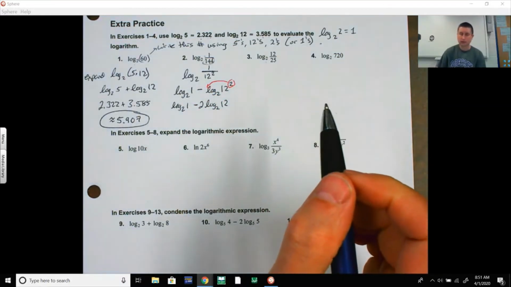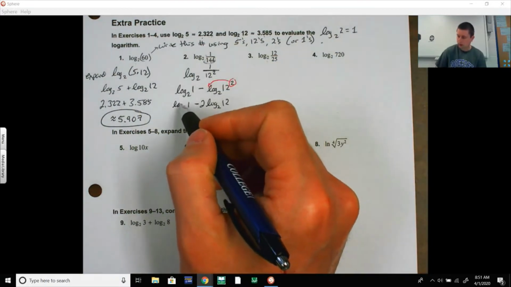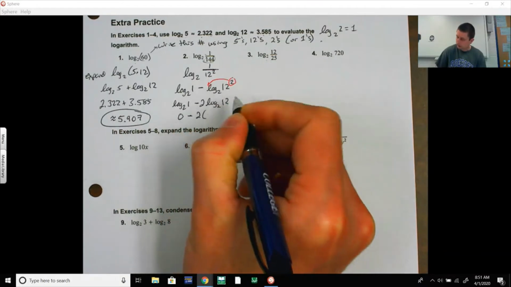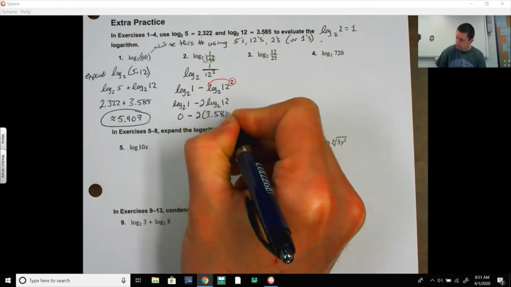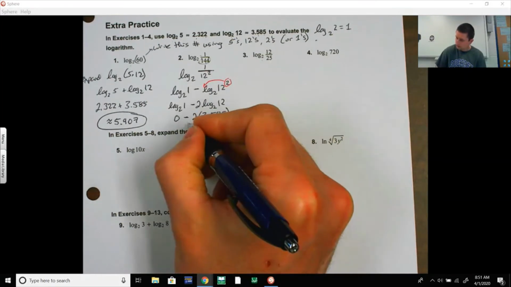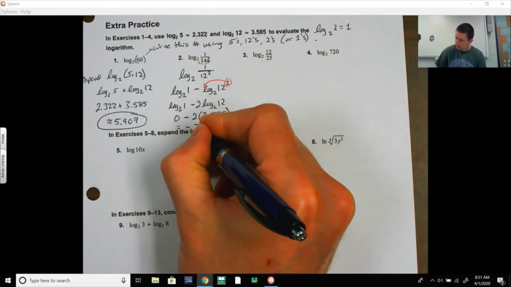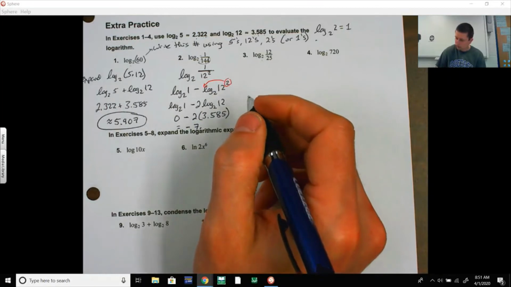And now we're ready to substitute in. So log base 2 of 1, log of 1 is always 0, minus 2 times log base 2 of 12 is 3.585. So we're going to get negative 7.170.